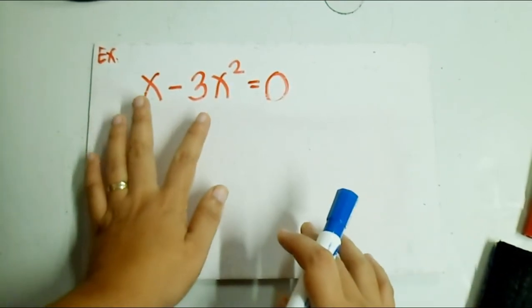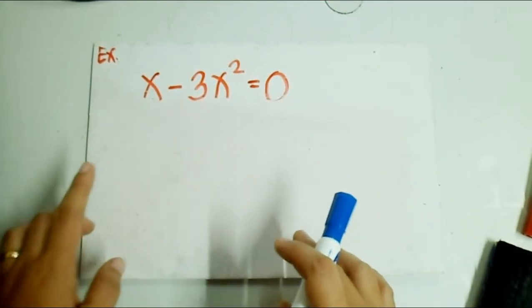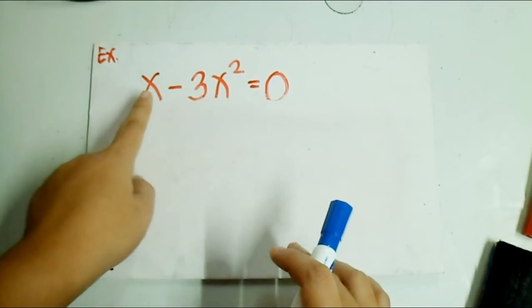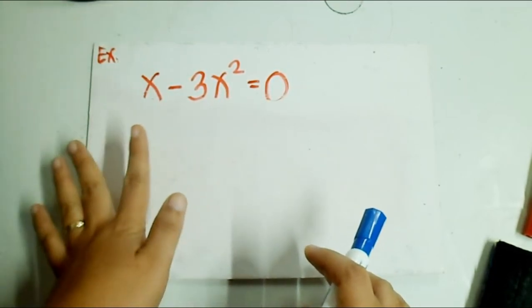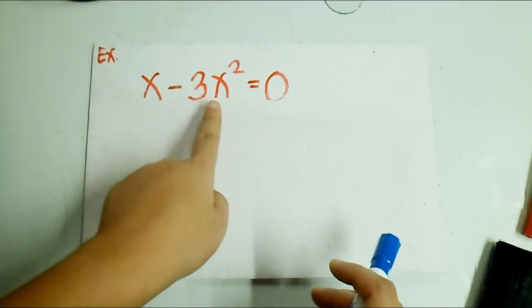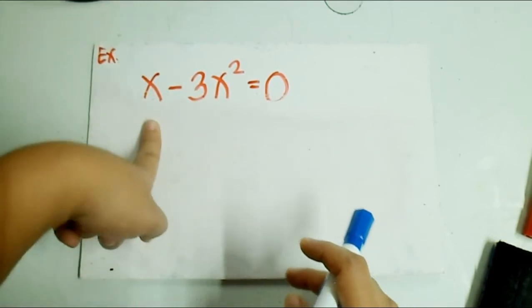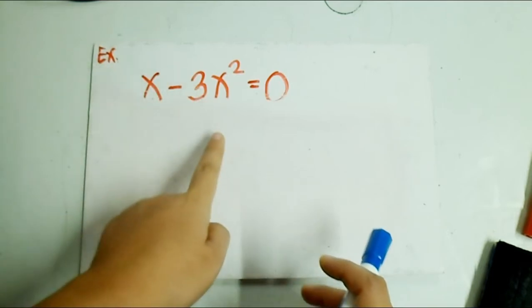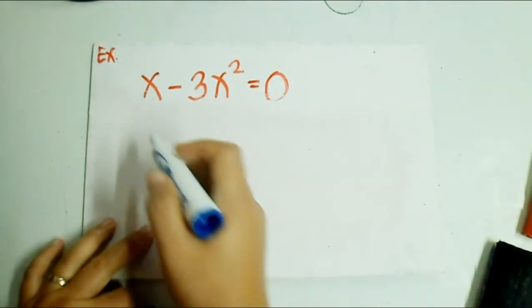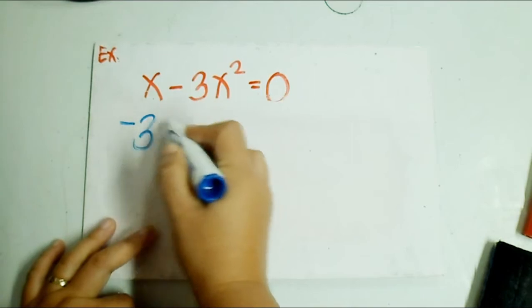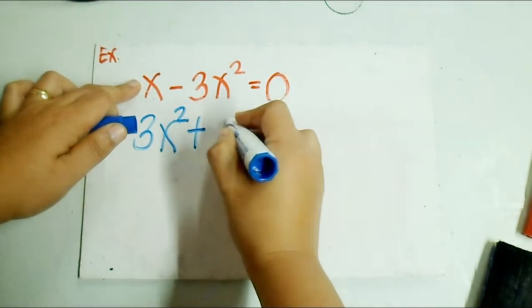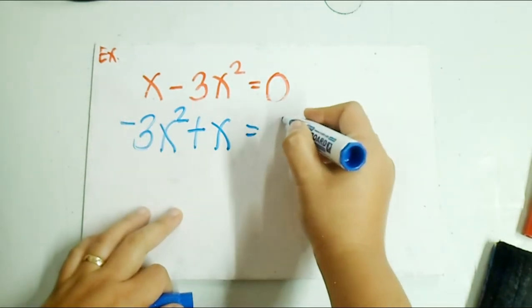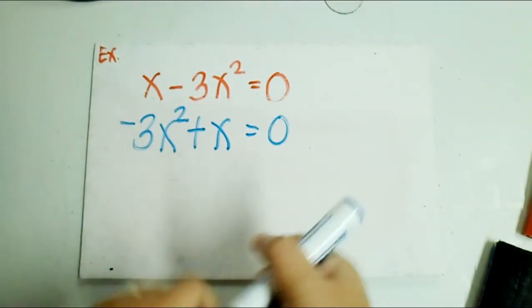So, the left side of our equation, we have here the quadratic term and the linear term. However, this is not arranged. The quadratic term should be placed first and then followed by the linear term. So we can write negative 3x squared, then positive x equals 0.